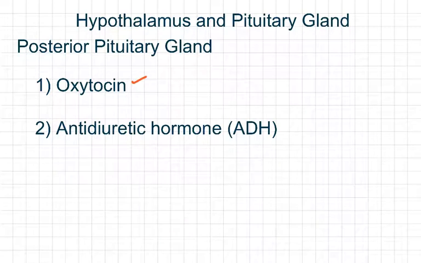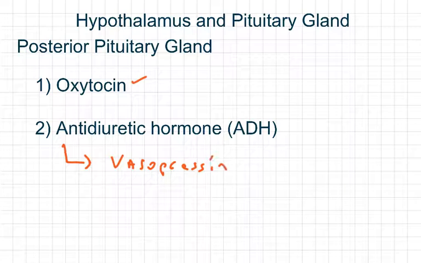Also, to keep things a little more interesting, you'll also see ADH written or named as vasopressin, or VSP for short. The reason this hormone has a couple of different names is because of its effects on human physiology. And we will get into the effects of ADH on the human body in the next video.